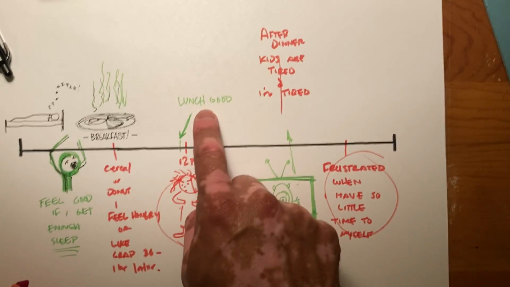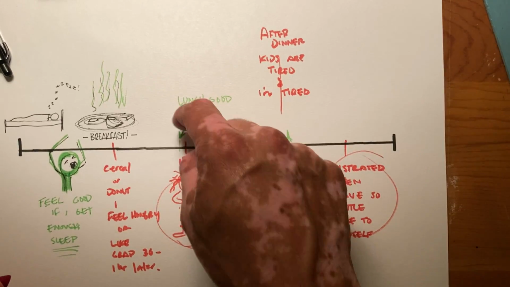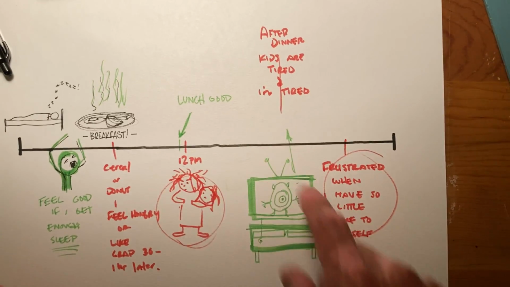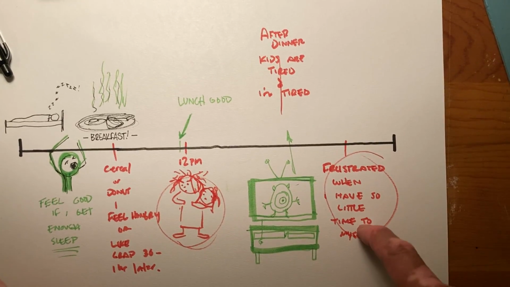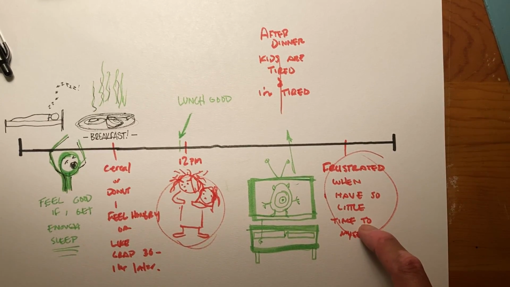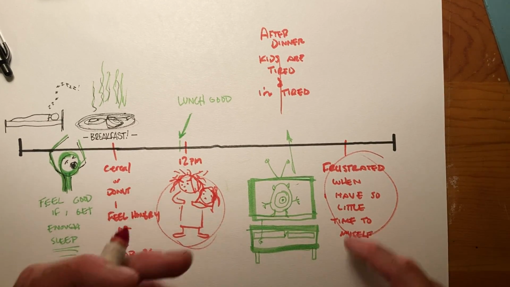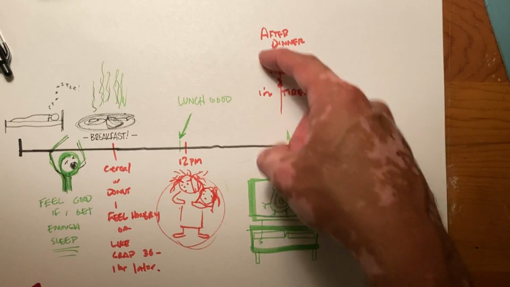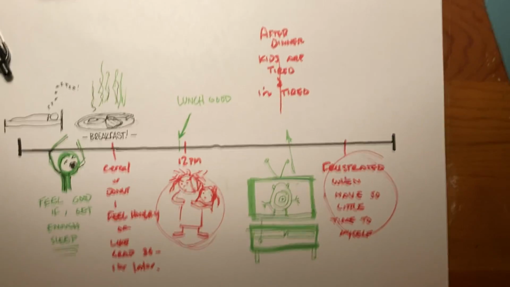So if you have a good lunch and you really enjoy lunchtime, maybe right after lunch is a good time for you to do some schoolwork. However, if you're frustrated and grumpy, maybe your headspace isn't right to do work at the end of the day. Or you shift things around so it's not so frustrating when the kids are tired. Let's put them in bed a half hour early.